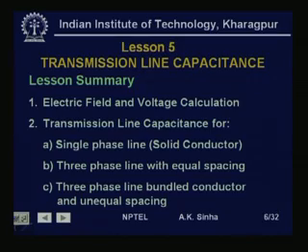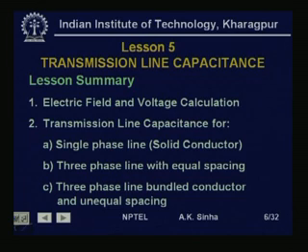So, having answered these questions, now we will go into the main part of lesson 5. In this lesson, as I said earlier, we will be talking about transmission line capacitance and its calculation. Here we will first start with electric field and voltage calculation.